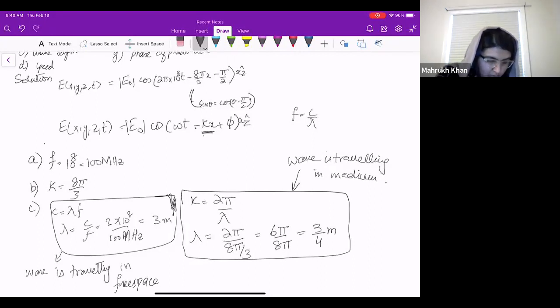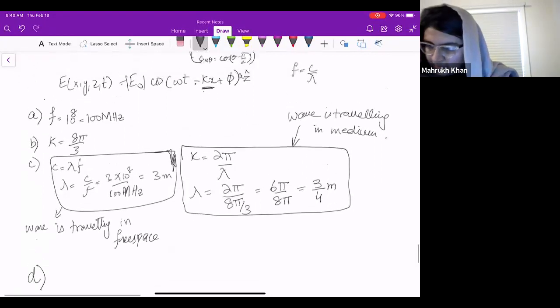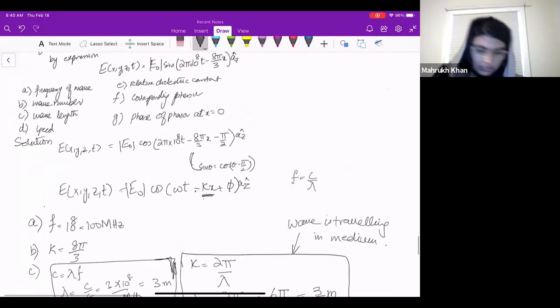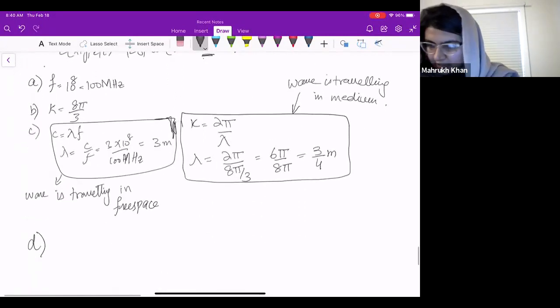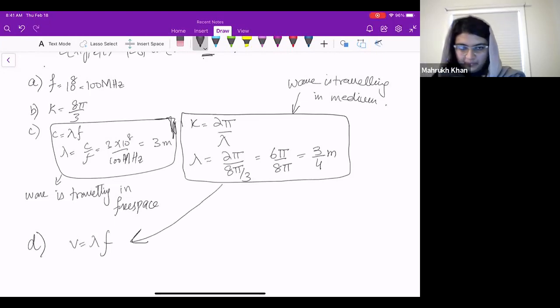Now part D is asking us to calculate the speed, or the phase velocity. If you calculate phase velocity using lambda f, you will use this lambda.